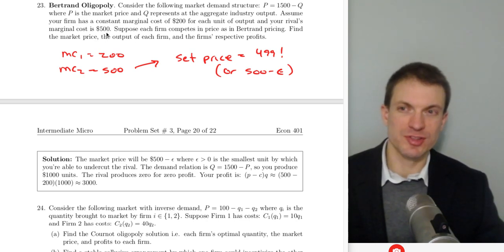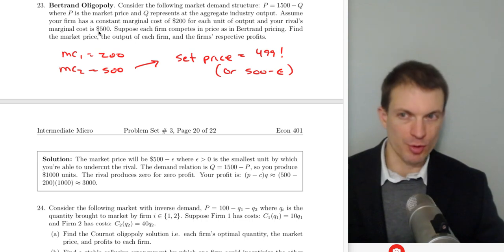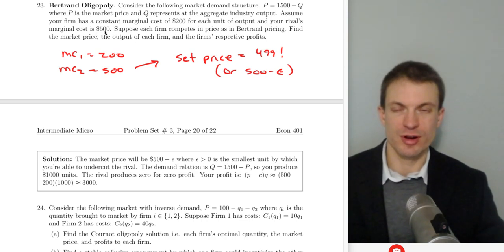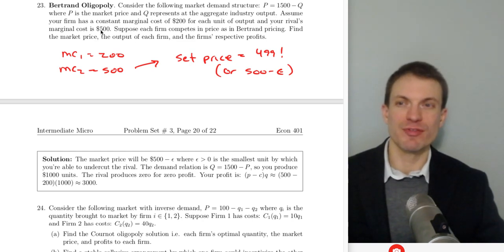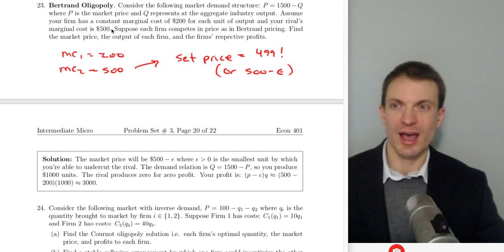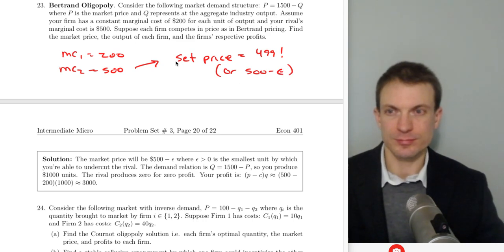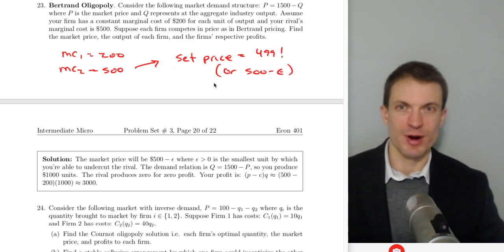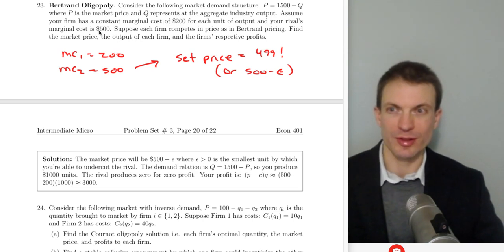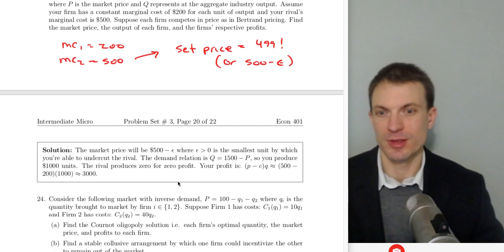If they had symmetric costs, so if costs were both 500, the price would be 500. If costs were both 200, price would be 200. But here they have different costs, and so price gets driven down to 499, or 500 minus some small epsilon, because that's the most profit that the low cost firm is able to extract while keeping the other firm out of the market.